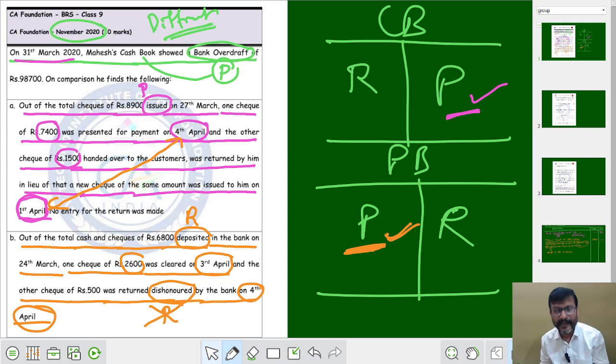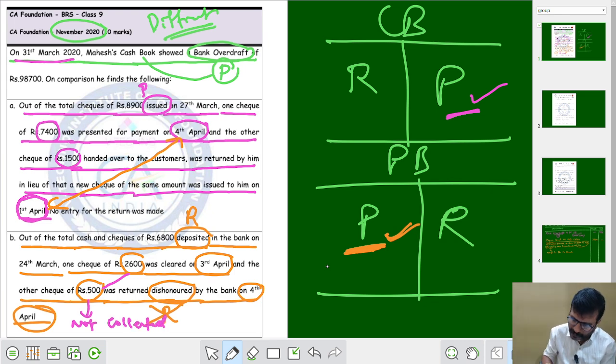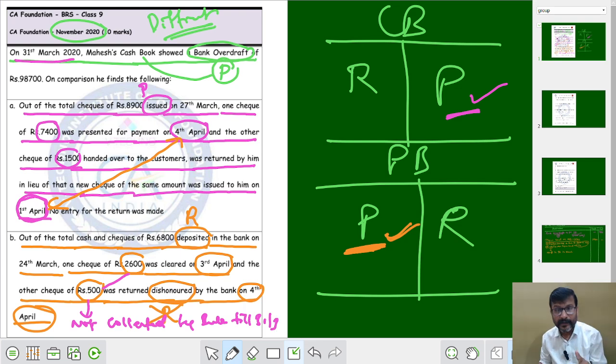Means what I can say that 2,600 and 500, I can say that not collected by bank till 31st March. I repeat, ये तो चेक डिसऑनर हुआ. कब डिसऑनर हुआ? 4th में डिसऑनर हुआ.